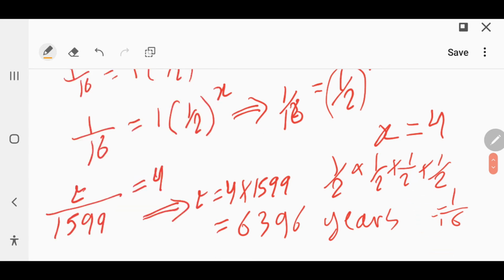So this is the period of time needed to still have 1 over 16, or to decay 15 over 16 of the initial quantity.